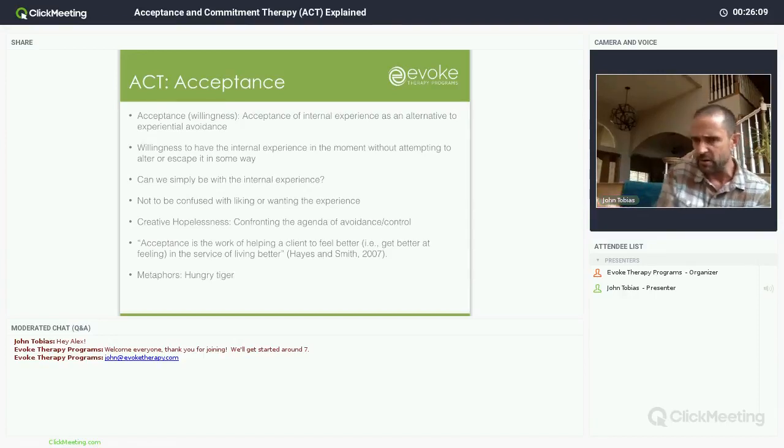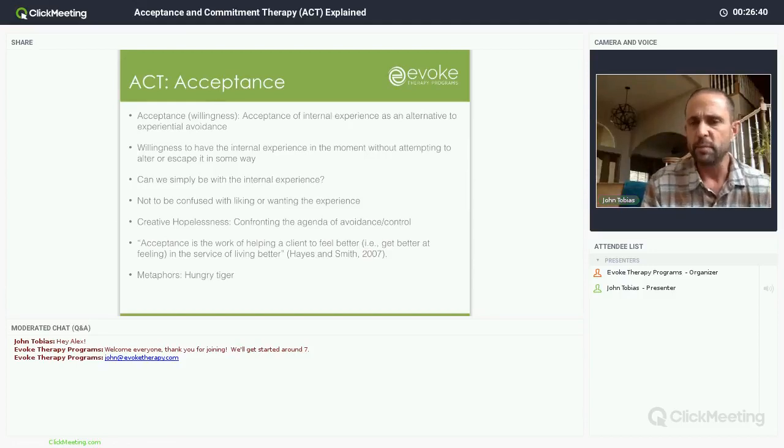And I'll talk about that experiential avoidance agenda, we call it, is just unworkable, especially in the long run. I try to help clients in relationship to this core process get to a place that we call creative hopelessness. And it's not this kind of global hopelessness that I never affect change in my life and I'm just stuck and I always will be.